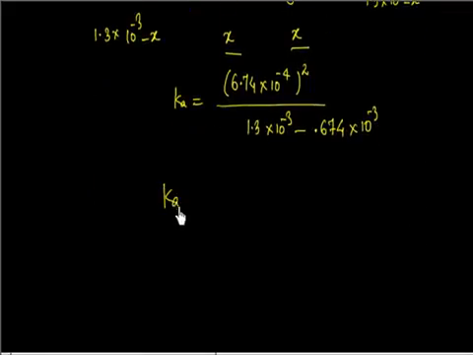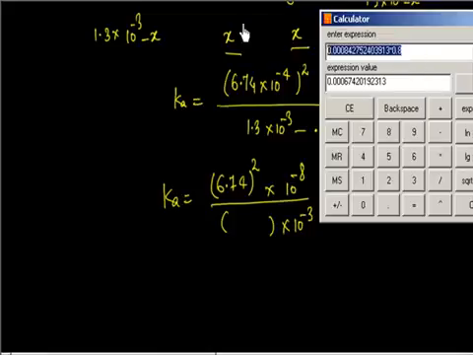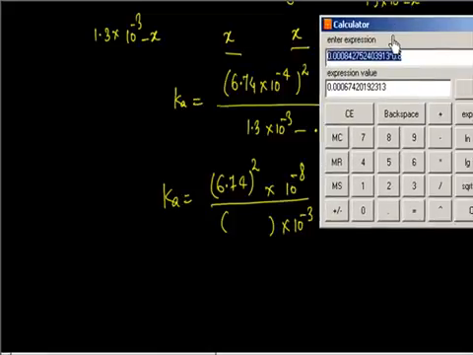Using the calculator, 1.3 minus 0.674 gives 0.626.